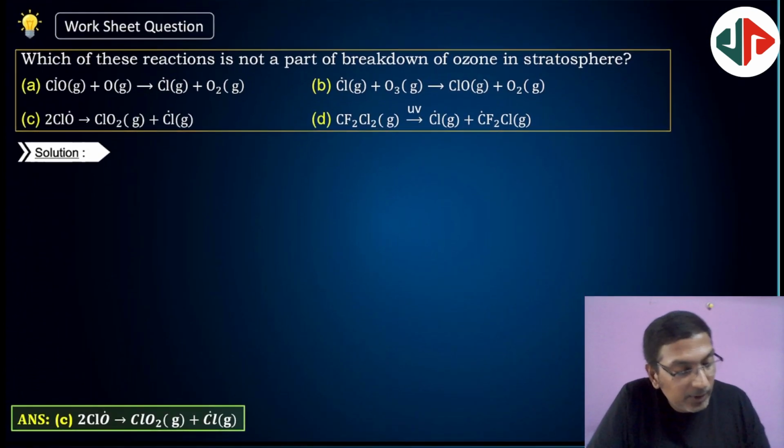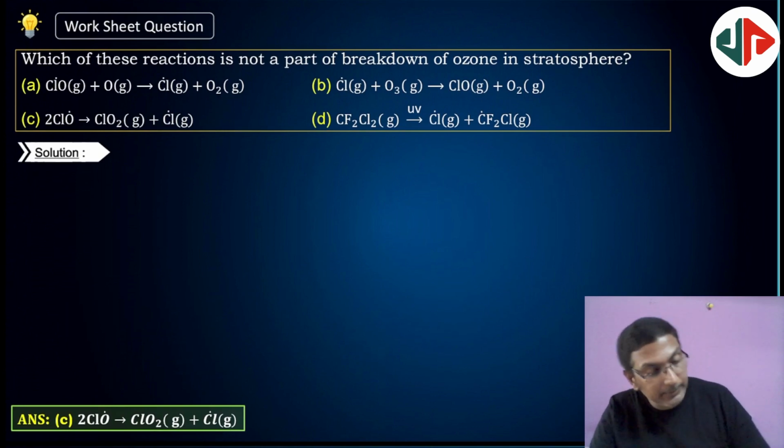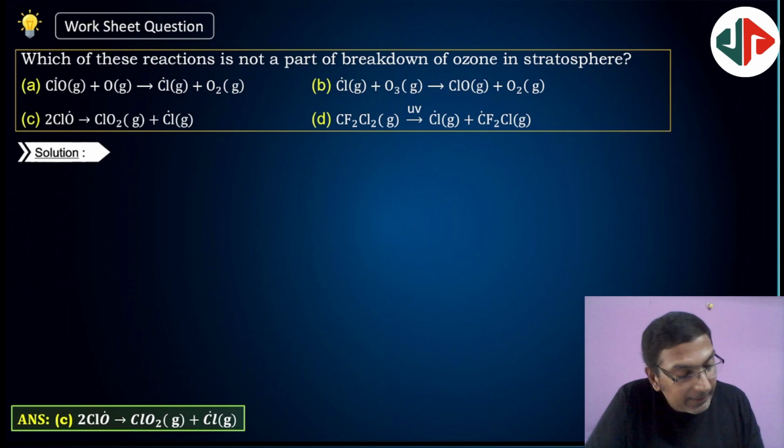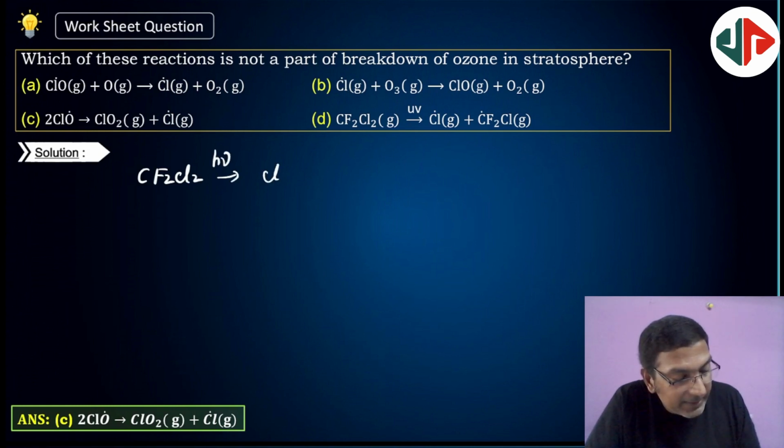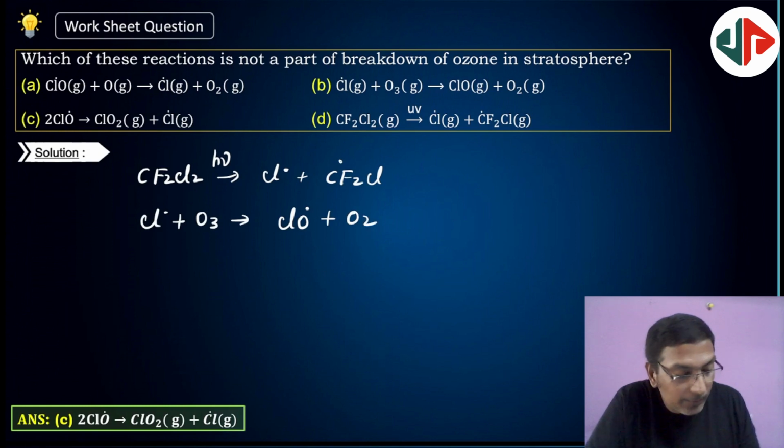So which of the following reactions is not part of the breakdown of ozone in the stratosphere? Check here. First take chlorofluorocarbon CCl2F2. In the presence of sunlight it gives Cl radical and CF2Cl radical. Next, Cl radical combines with O3 to form ClO radical plus O2.